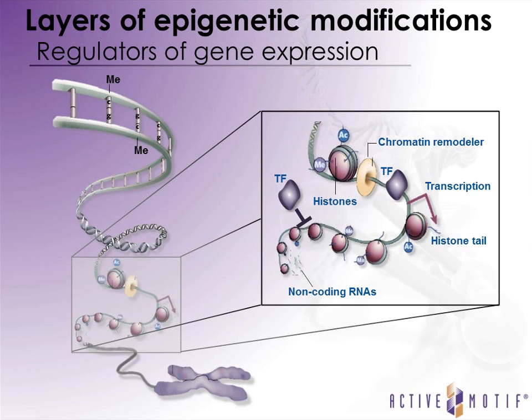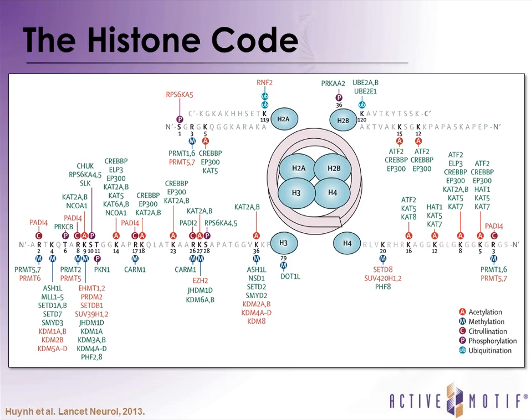As we all know, all gene expression occurs in the context of the nucleosomal structure of chromatin. A nucleosome is, of course, DNA wrapped around 8 histone molecules, which consist of 2 copies each of histone H2A, H2B, H3, and H4.